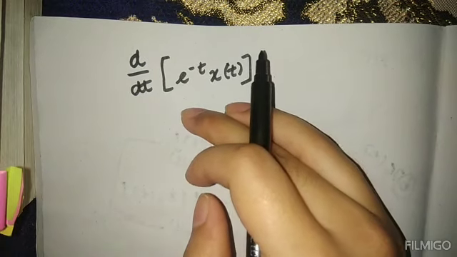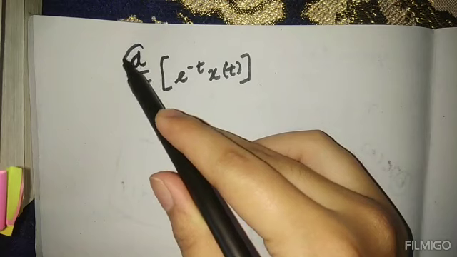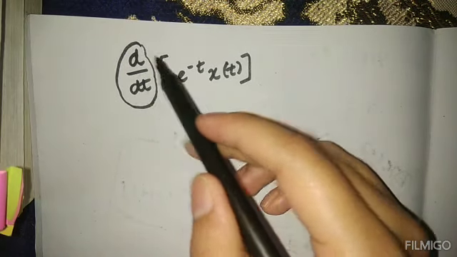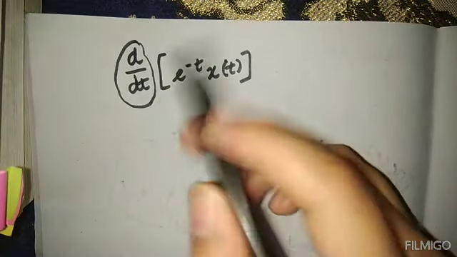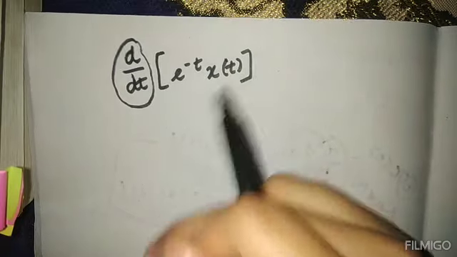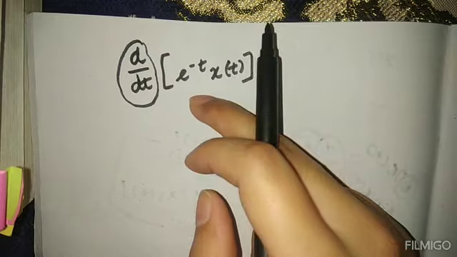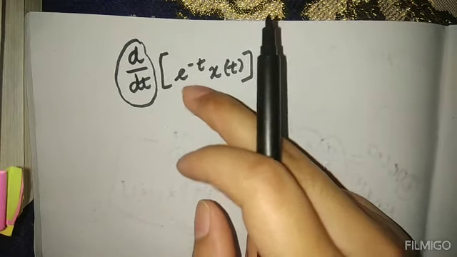Okay, so now you can see that this d by dt question has been given in the last one also, right? So you can see that this d by dt can be multiplied to a x1 of t as well as b x2 of t, and so therefore you can see that it would become the same.